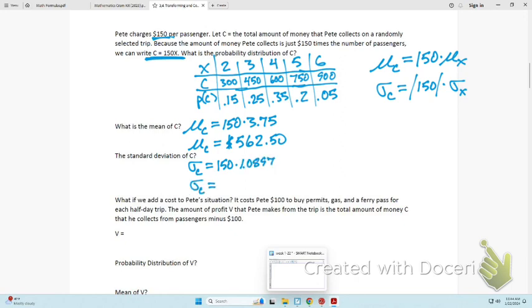And we're talking about money, so we'll go to the hundredths place. That is 163.46. That doesn't look like a money symbol, does it? Let's fix that. Should be a money symbol.